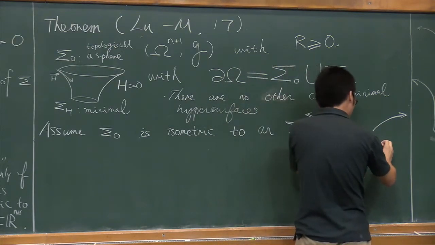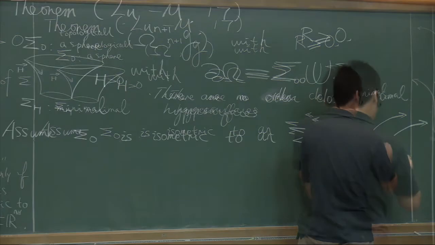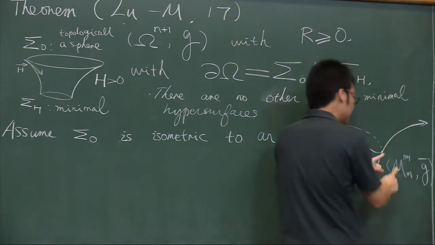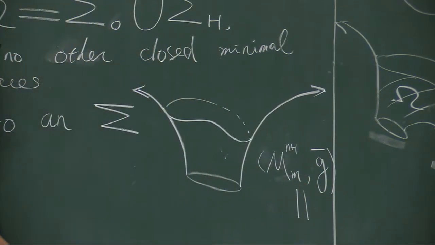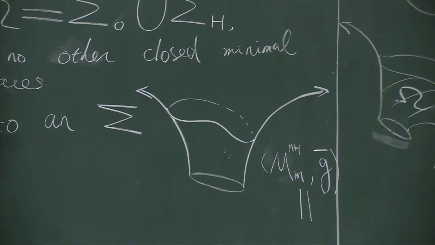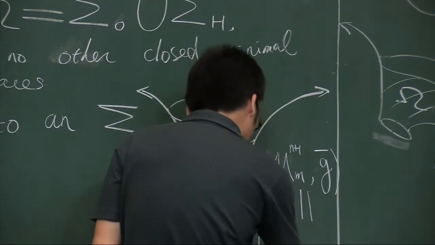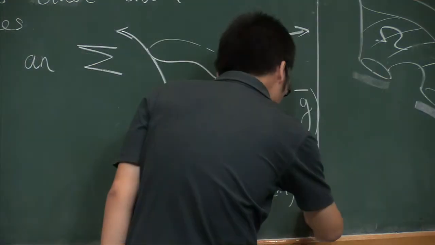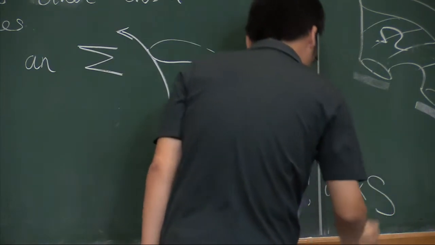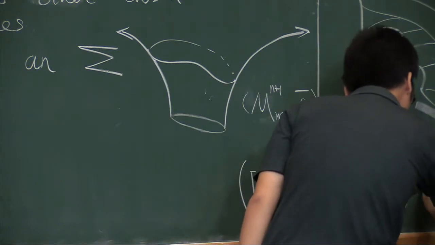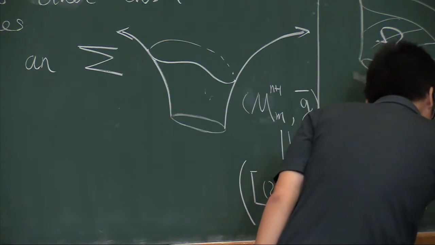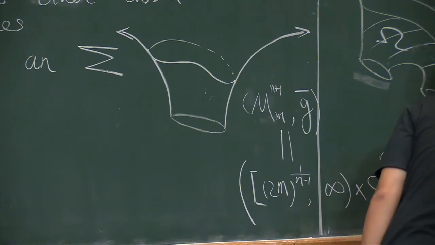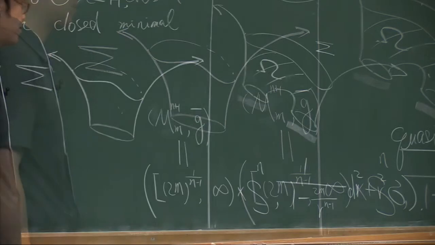So here, our target or reference space, which I will denote by M^{n+1}_m, g bar, is the spatial Schwarzschild manifold with mass m, which analytically has the following expression, where sigma is the standard metric on the sphere.